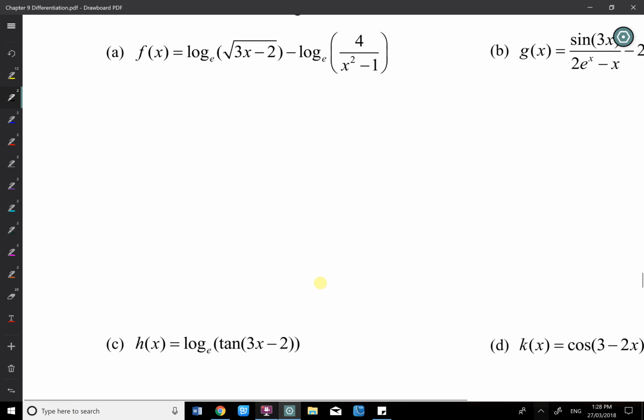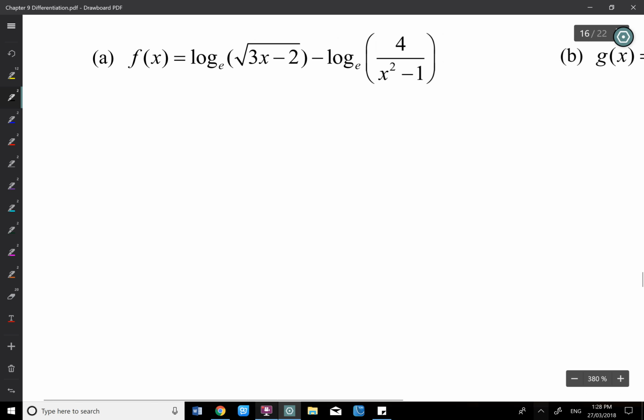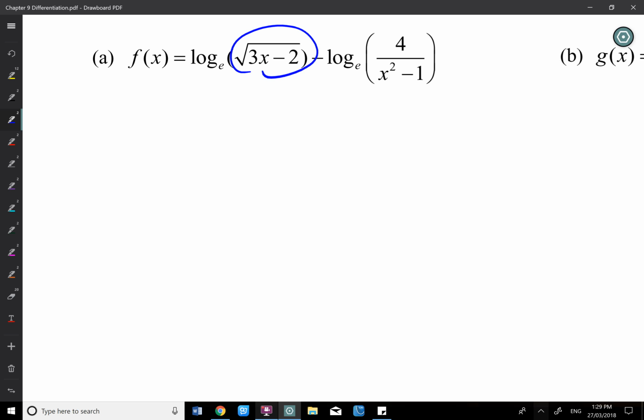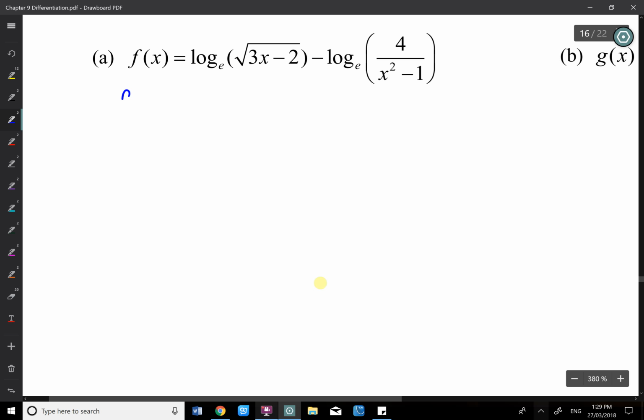For example, the first one, log e of something. I want to derive it, I need to derive the inside first and then put it over the inside. But if I want to derive this one, I need to use chain rule. But I don't want to use chain rule, because log is the easiest one to derive.